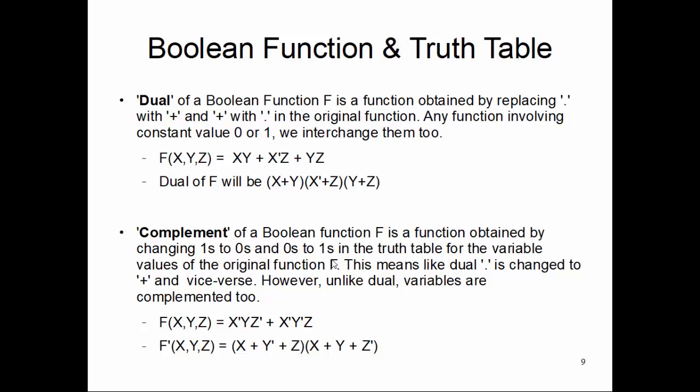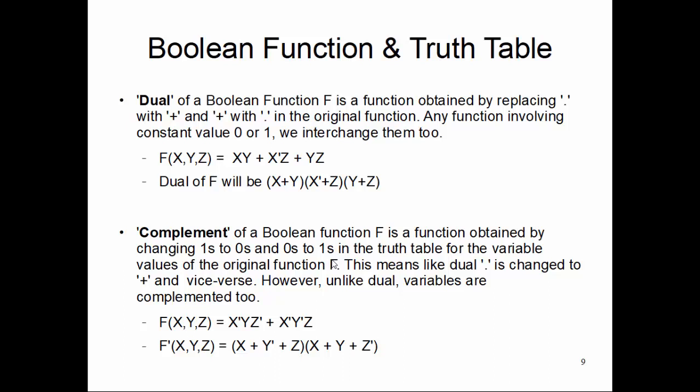We will not be dealing with duals very often in our digital circuit design and digital logic related topics, but it is FYI, for information. That is the definition of a dual.